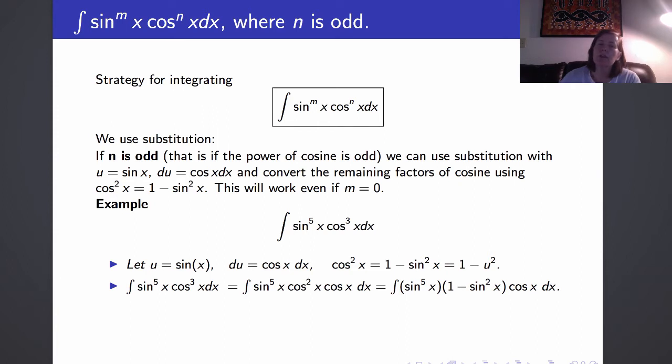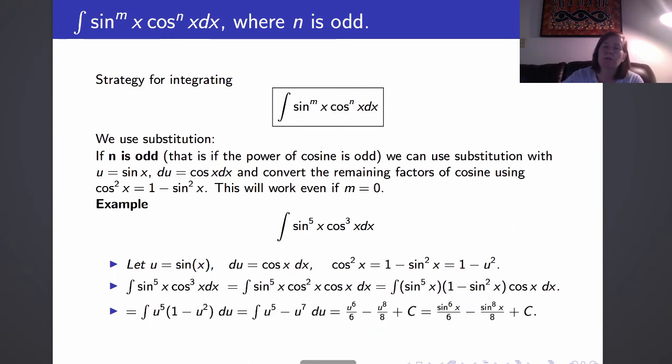The integral that we're looking at, the integral of sine to the 5x times cosine cubed x dx, is equal to the integral of sine to the 5x times cosine squared x times cosine x dx. And du will replace cosine x dx, and we can convert the cosine squared to 1 minus sine squared, which will become 1 minus u squared.